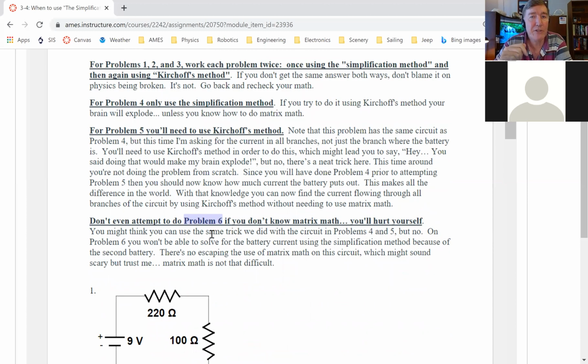The only option you have is Kirchhoff's method. And when you try to do Kirchhoff's method, you're going to get a system of equations that are going to be really messy. And the only way that you're going to be able to solve those is using matrix math, which, if we have time today, I do intend to show you how to do matrix math. But I don't know if we'll have time today. We'll see how it goes.